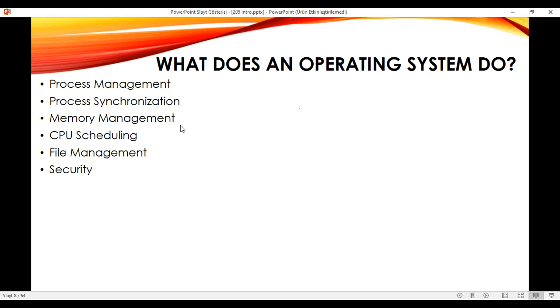In memory management, I also told you we have a memory, and think about that. You are a hotel receptionist. You have some rooms empty, some rooms full. You know that in 2 days some people will leave the hotel, in 5 days some others will come, something like that.